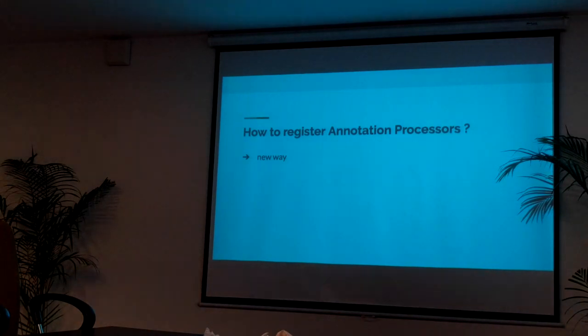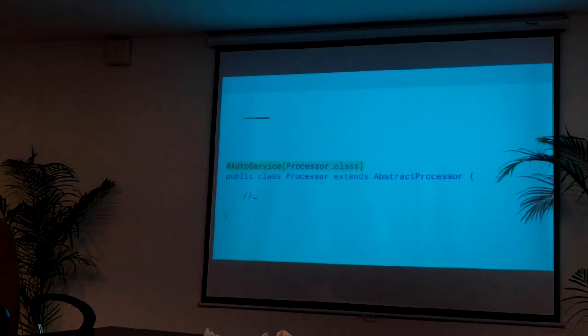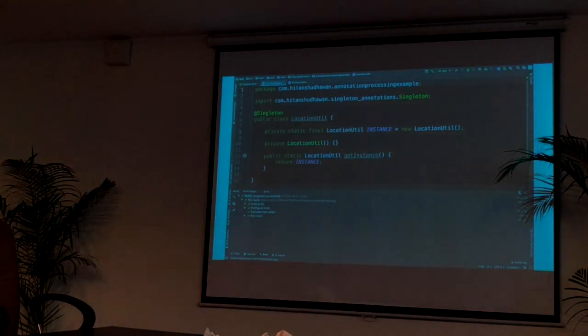So now, what is the new way? There is a new library which Google made. We just have to annotate the processor with @AutoService(Processor.class), and it will do the old work similarly. So yes, that is done. Now we can check. For example, this is the valid code.